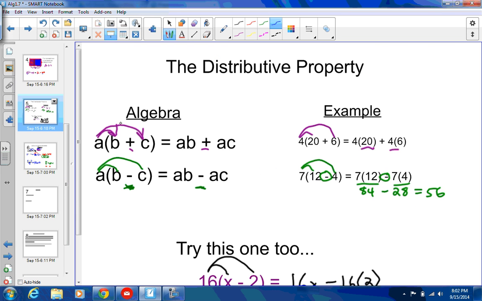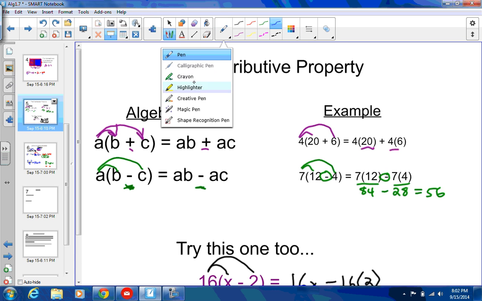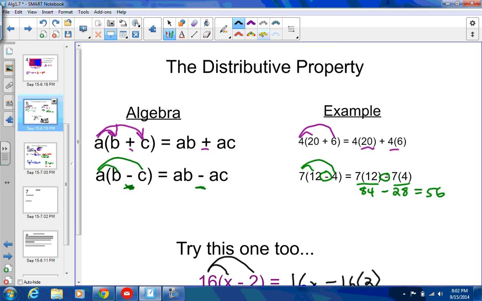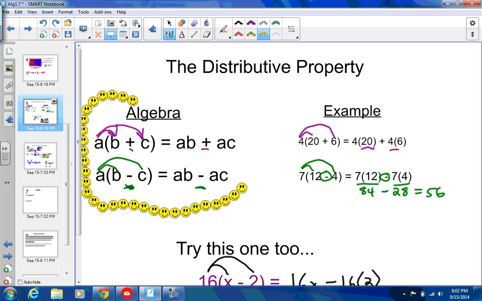This form right here, either one of these forms, I will go ahead and make nice and fun, and circle this all in smiley faces because these are so helpful. If we know that's the form that we like it in, we can just use that distributive property.